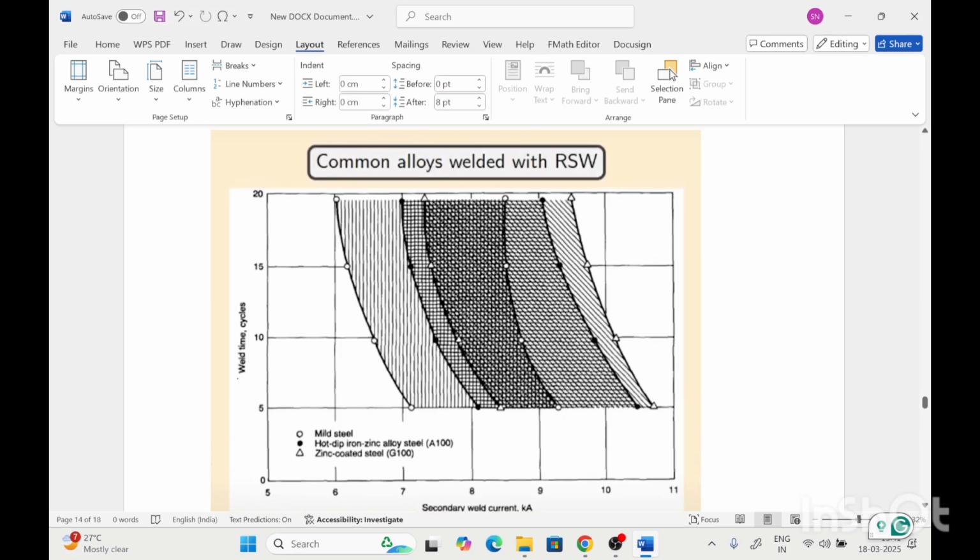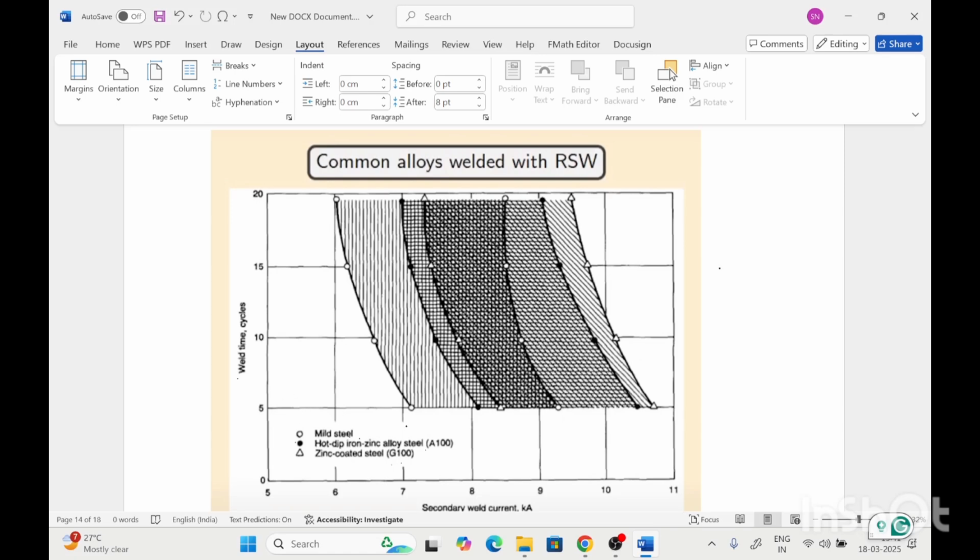Three materials are shown: the empty circle is for mild steel, the filled circle is for hot dip iron zinc alloy steel, and the triangle is for zinc coated steel. This graph shows the welding time and welding current characteristic of different steels in which the coating is varied.